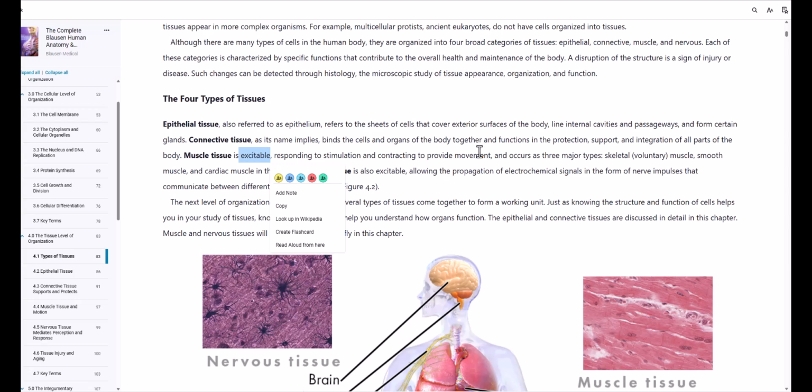And so we'll see that there are three major types of muscle. And then finally, there's nervous tissue. And nervous tissue is also excitable, but here it's not that the tissue moves like muscle, but instead, nervous tissue sends electrical signals along structures within that tissue in order to affect change somewhere else.